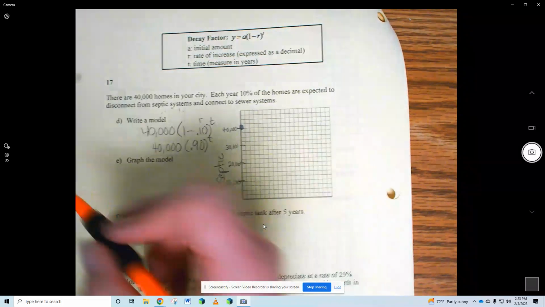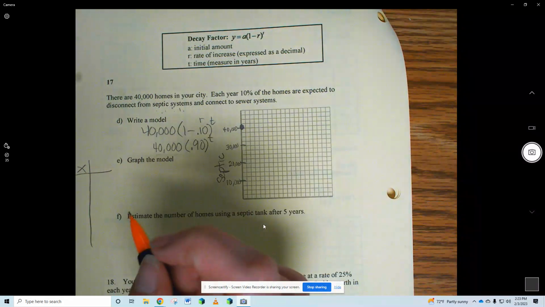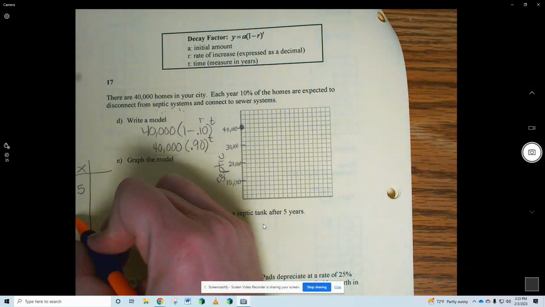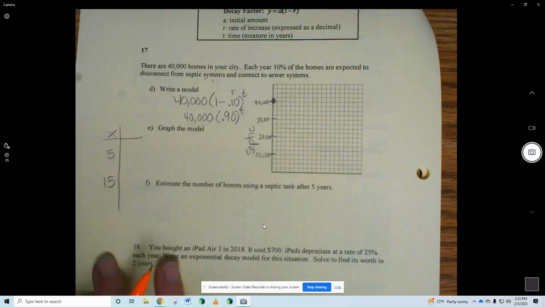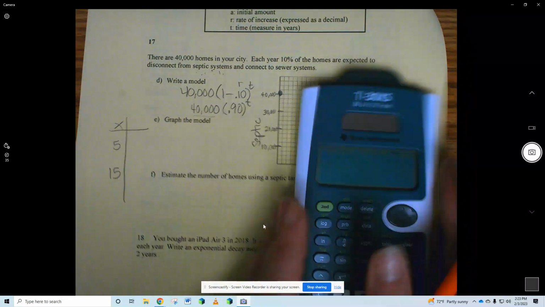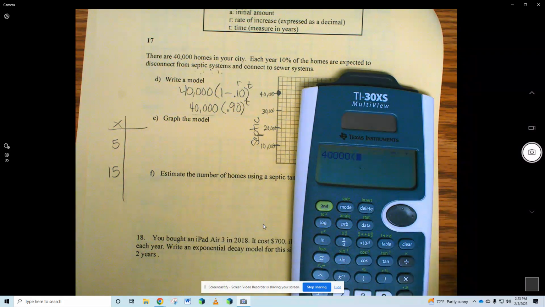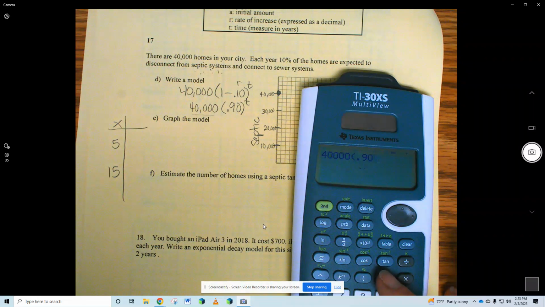So I could say, oh, let's just practice. Let's say 5 years. And then maybe 15 years. So on your 40,000, this is how the calculator works if everything's perfect about it. Like it's a scientific calculator. I can put everything in order.